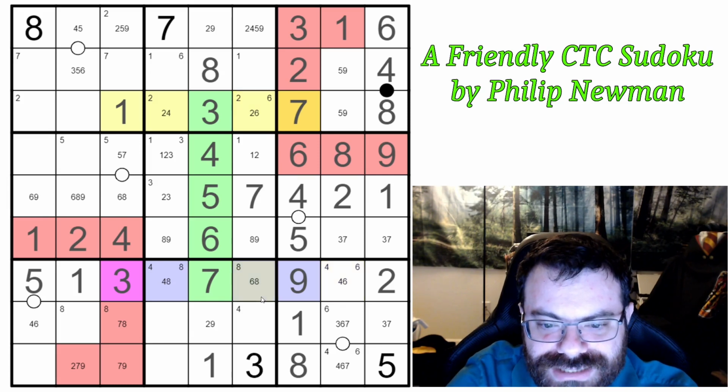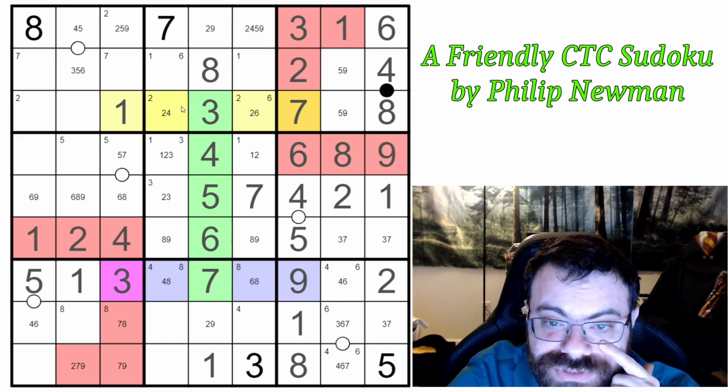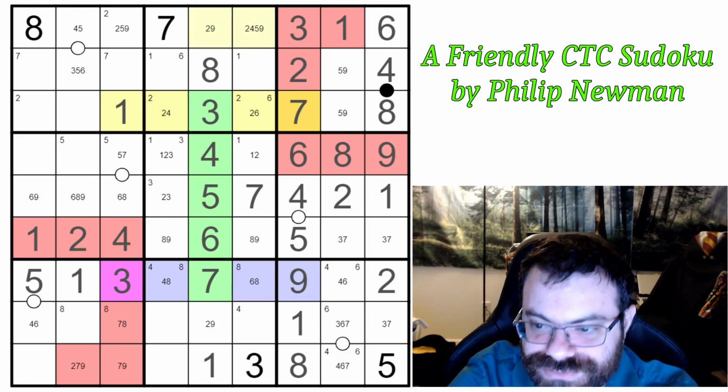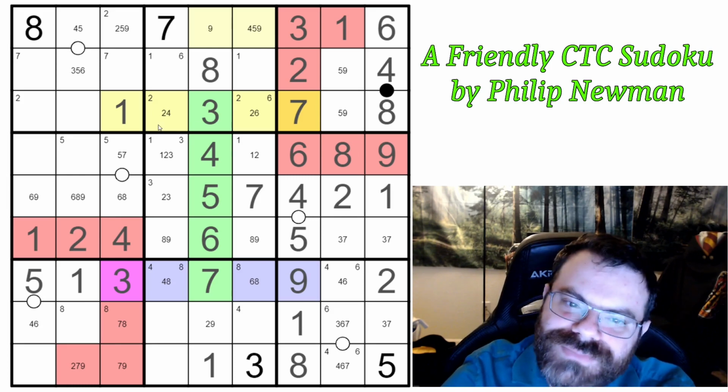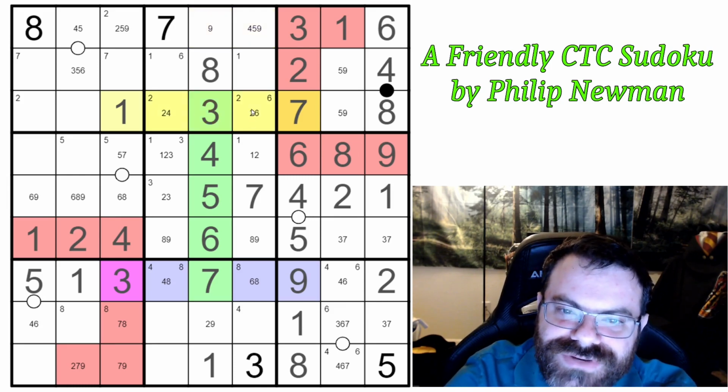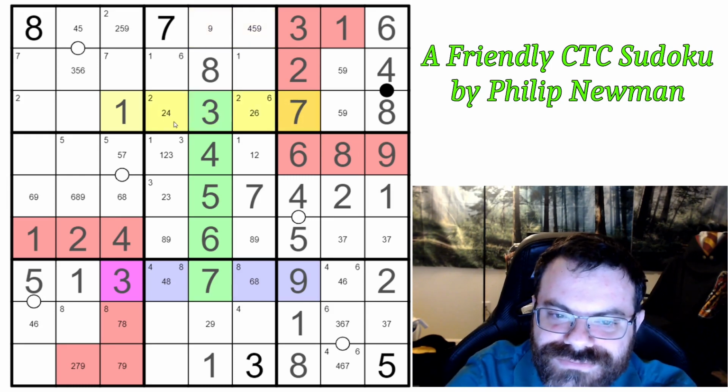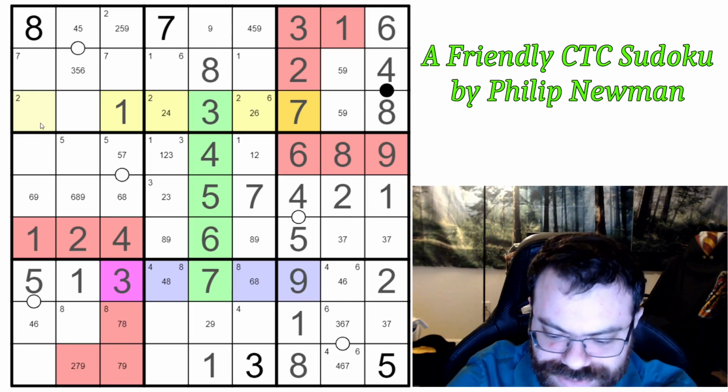So I said the 6s are here. Yeah, that doesn't eliminate anything from here. Wait, I said 2's here, so neither of these are 2. Sorry. That's what some people call a box line reduction. I think it's very similar to pointing pairs, but in this case for the row we reduced 2's. Yeah, so that's not a 2.